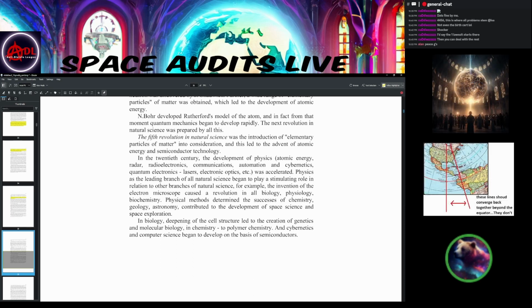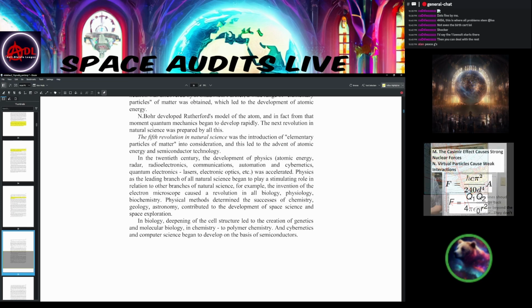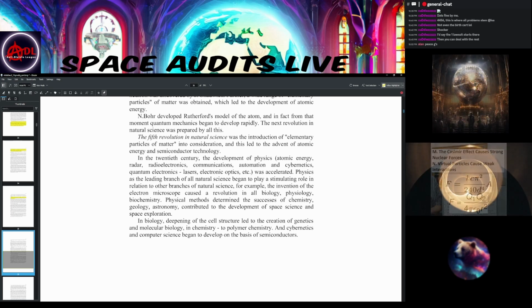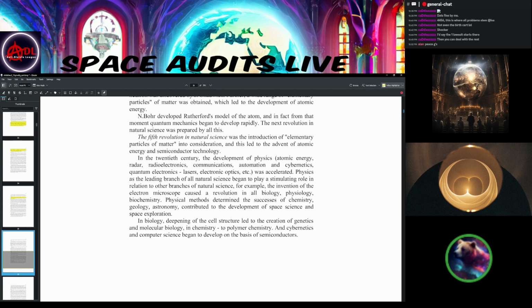branches of natural science. For example, the invention of the electron microscope caused a revolution in all biology, physiology, and biochemistry. Physical methods determined the success of chemistry, geology, astronomy, and contributed to the development of space science and space exploration.